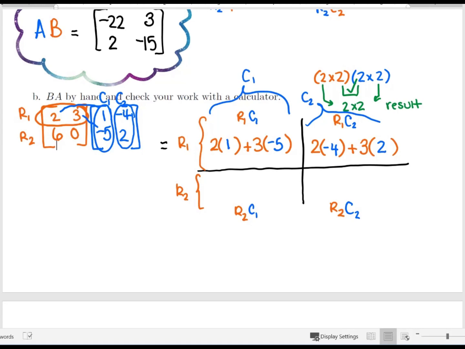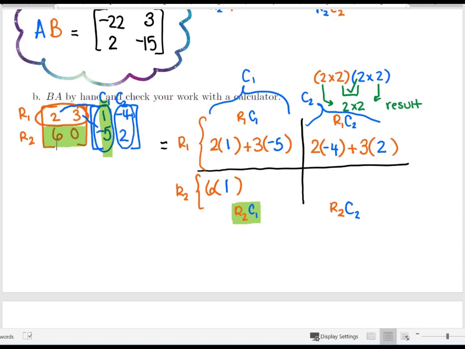We now need to go to row 2. We know we're done with row 1 because we multiplied it through all the columns of the blue matrix, the second matrix. So now we're going to take row 2 times column 1. We're going to have 6 times 1, because they both came first.